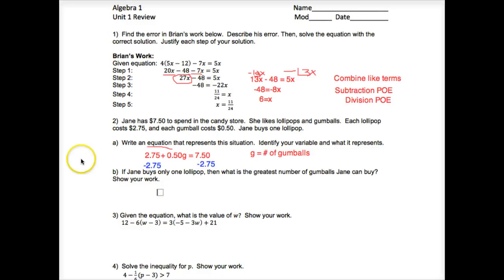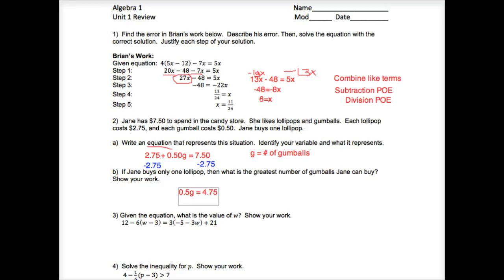And then that's going to give me, in my next step, 0.5g equals, and then when I take 7.50 and take away the 2.75, that's going to give me 4.75.